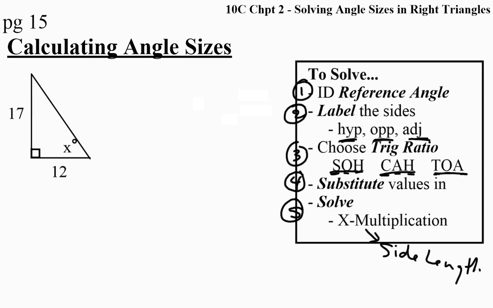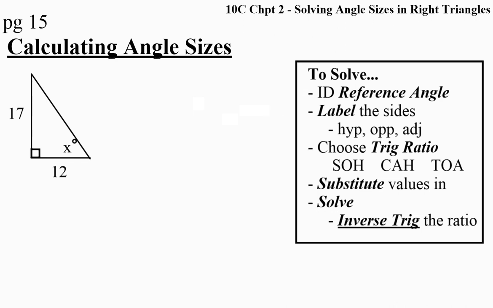I've said a couple times in these lessons, trig is repetitive. Steps 1, 2, 3, 4 don't change. Now we're no longer going to cross multiply. We identify the reference angle, label the sides, choose the trig ratio, substitute the values in. But when we solve, we're now going to inverse trig the ratio, which we just talked about. Steps don't change. Here we go.